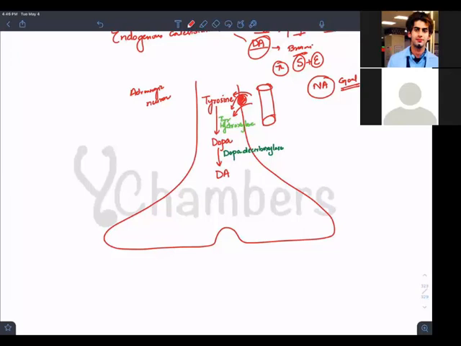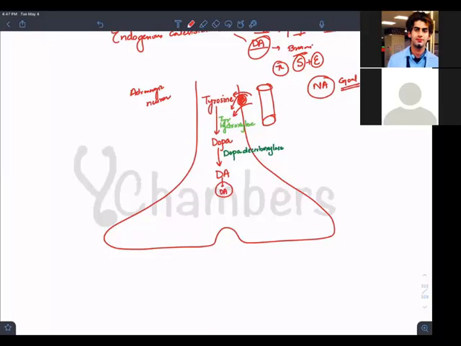Do we know vesicles? Here also I will be putting the neurotransmitter in the vesicles. So where will I be putting it? In the storage vesicles. Fine, I put it in the storage vesicles.